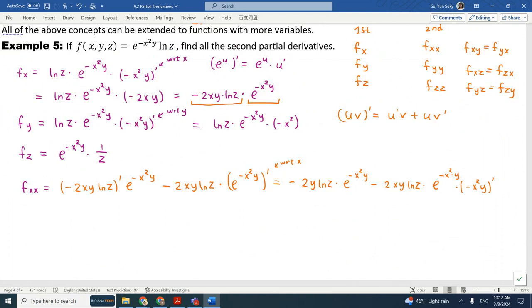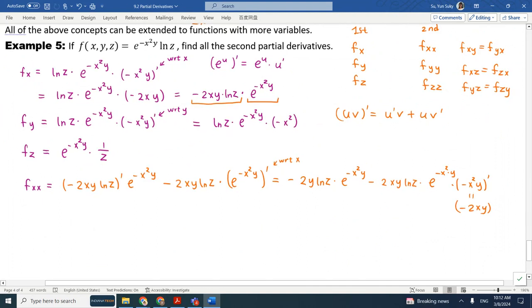And what's the u prime again? Negative 2xy, yes. Can I leave my answer like this instead of rewriting and copying it again? So we can save some space. So that's the second partial derivative with respect to x. All right, let's keep going.